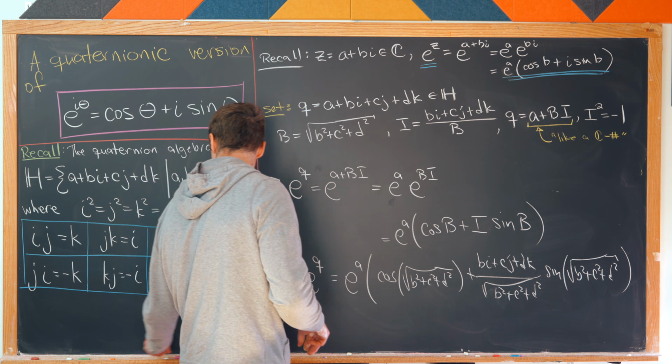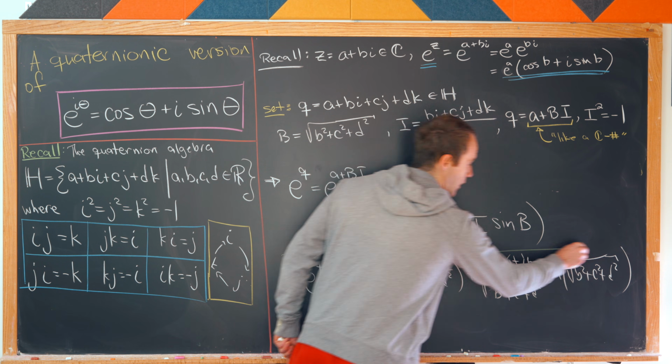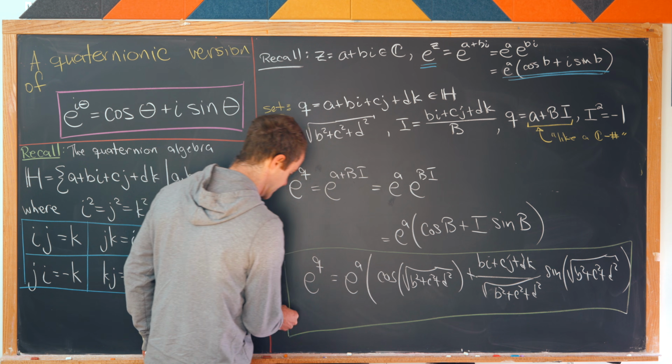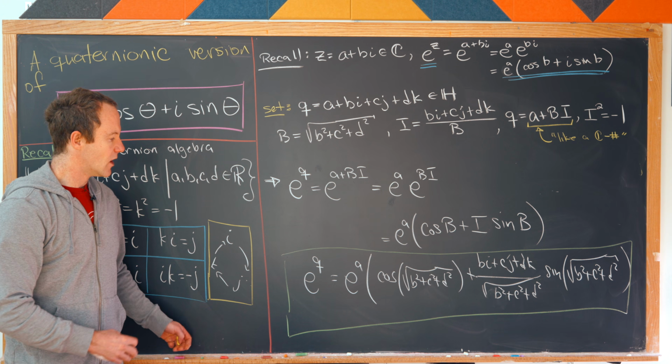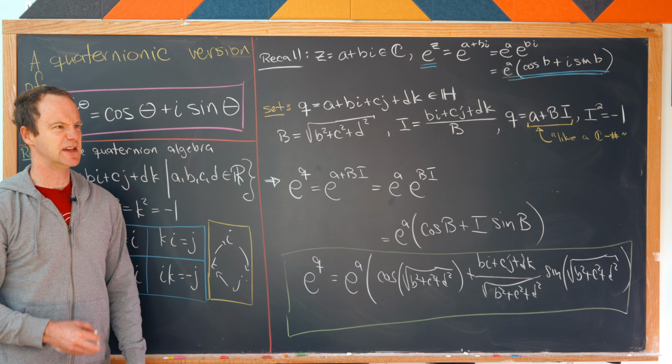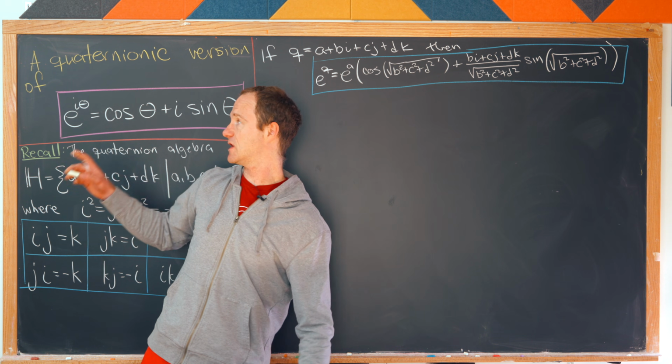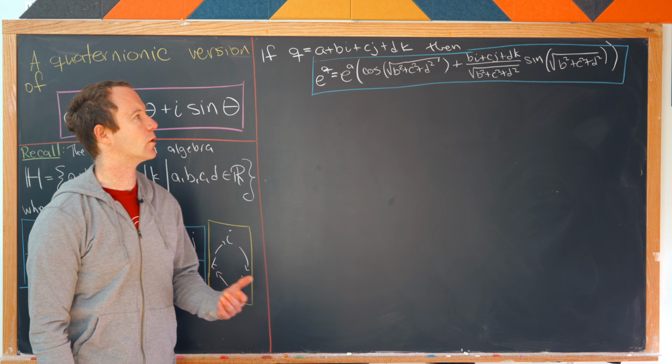Even though this is quite wordy, this is in fact the quaternionic version of this formula. Now I'd like to play around with this formula a little bit to see if we can get some interesting results. On the last board, we derived the following quaternionic version of our famous formula from Euler.